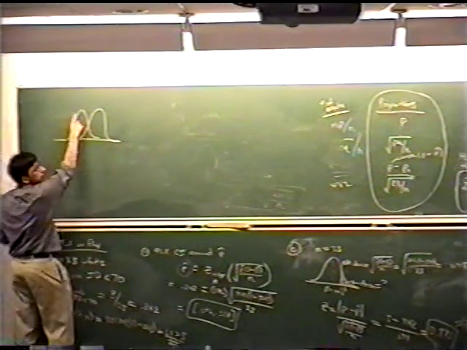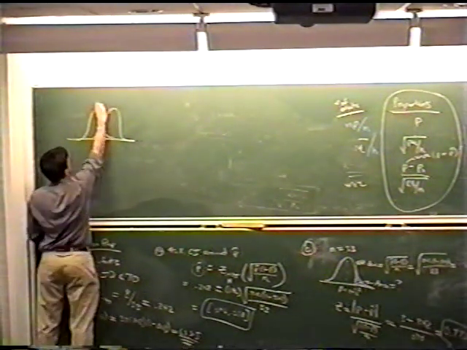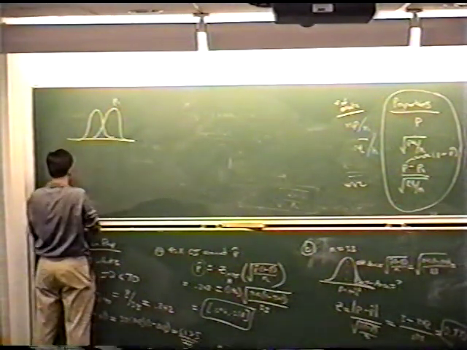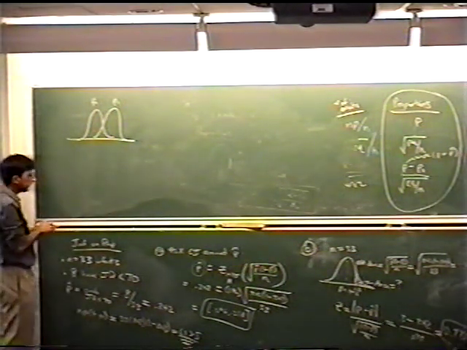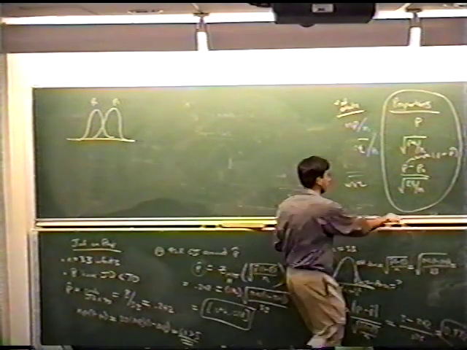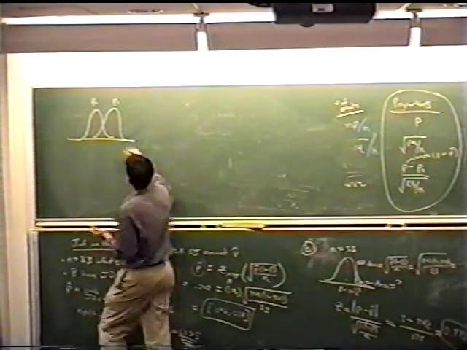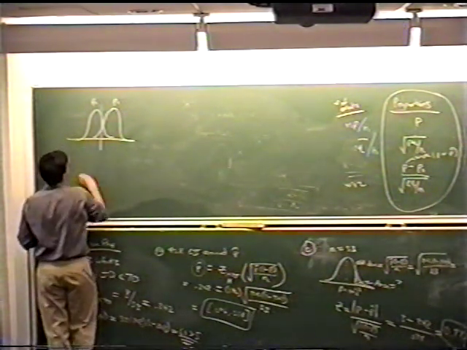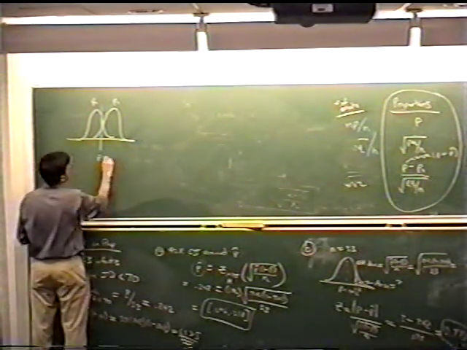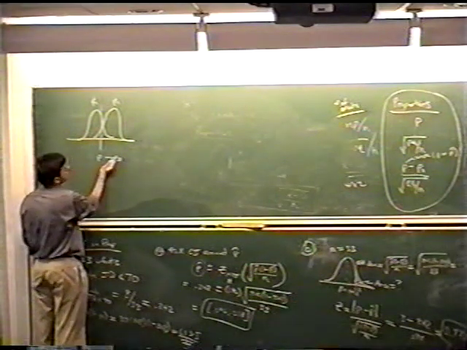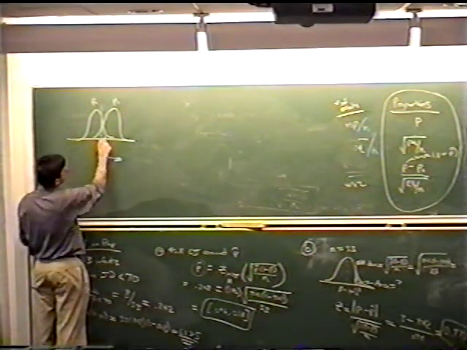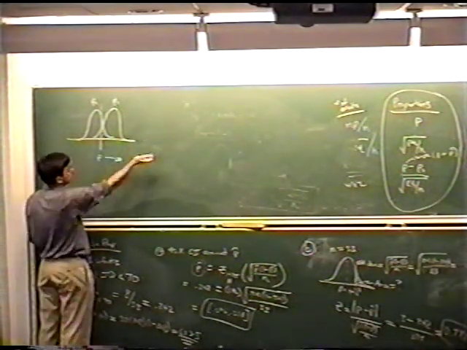And before, their averages were mu naught and mu 1. But now we'll call it P1 and P naught. Okay? And again, you can draw your cutoff anywhere. Let's just say this is our cutoff, and we'll call that P. And everything above that, we'll say, okay, if we get a value that's above P, then we'll assume that the two distributions are different. Okay?